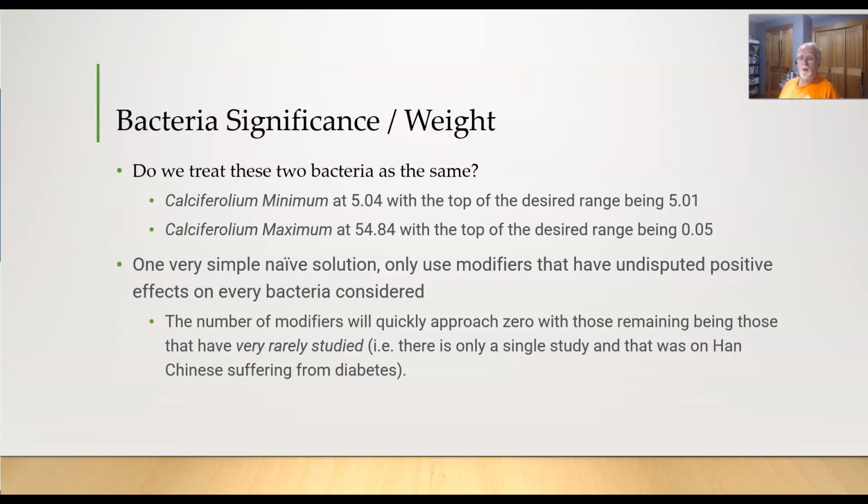The more bacteria you include, the less likely you are to find anything that will match that pattern. And if you go down to a smaller and smaller number, you will likely find something. But that is unlikely to fix a dysfunctional microbiome. So that's part of the ongoing problem.